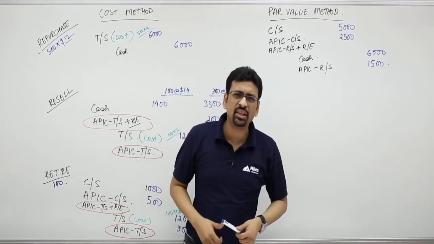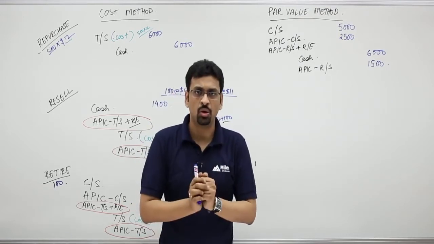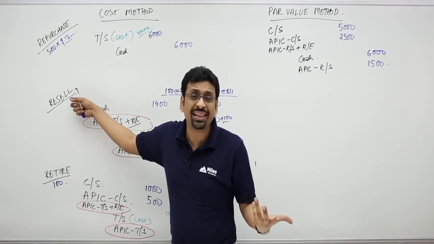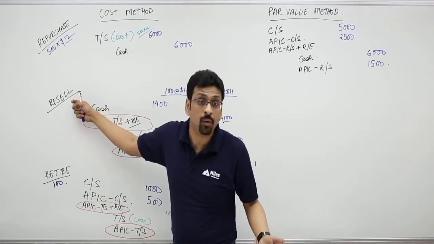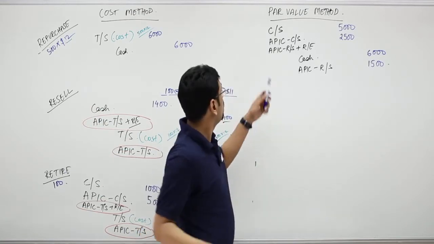Now, are you retiring the stock? No. You're holding it with you as treasury stock. Your intention may be to retire, but you can still resell them because you've not yet retired them. So instead of using retired stock here, we'll use treasury stock.